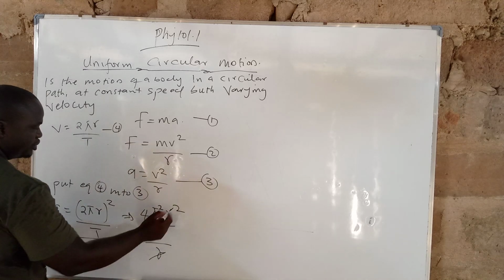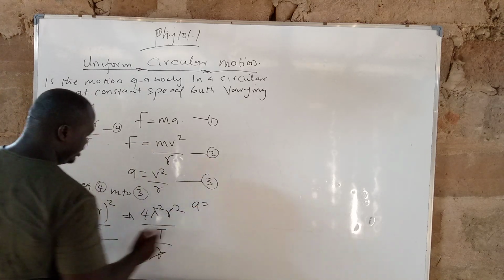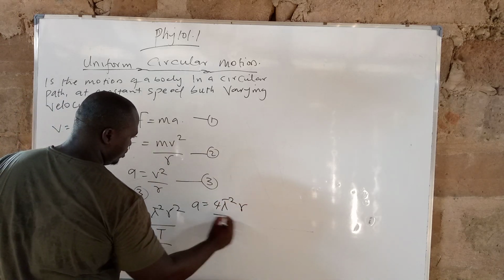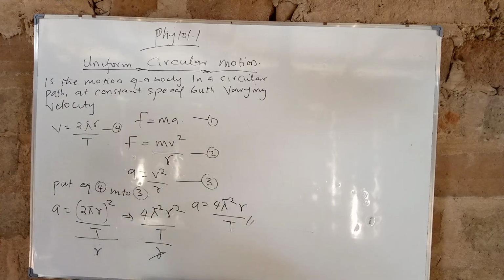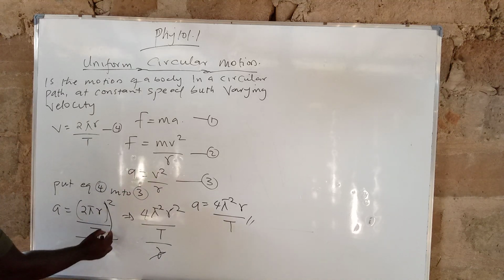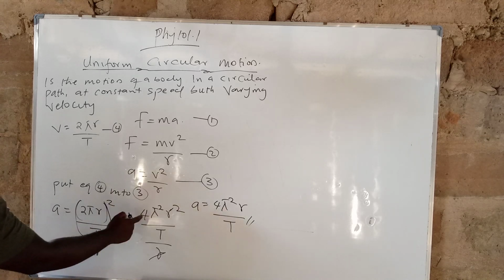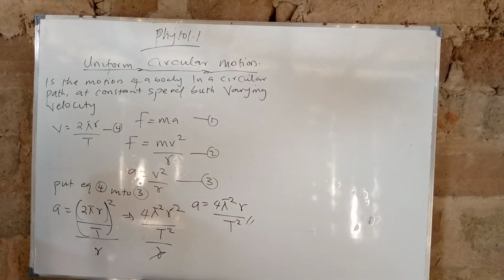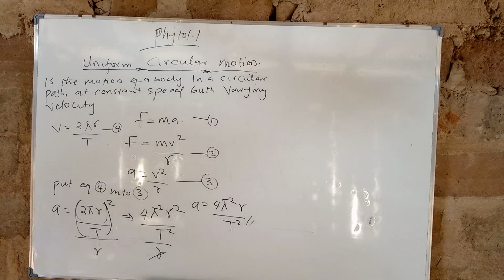Of course this will cancel this. I forgot that this t should include here and here, right? And so this is 4 pi square r square, and here should be t square. So this cancel this should give you like this. So the formula for centripetal acceleration is 4 pi square r all over t square.